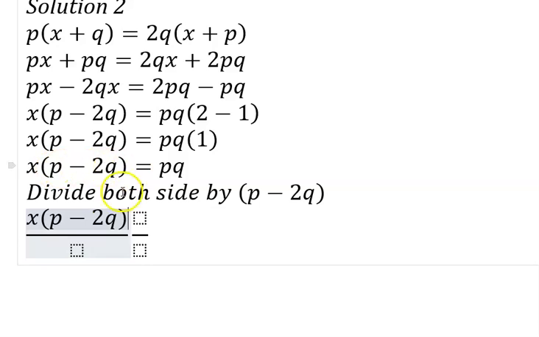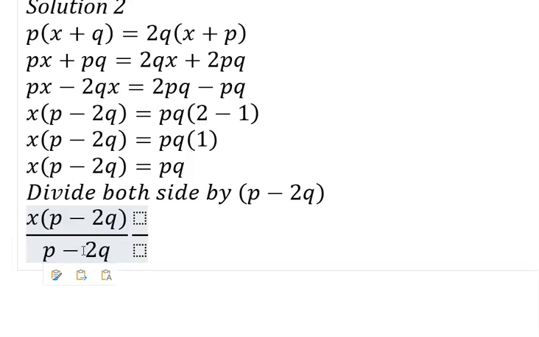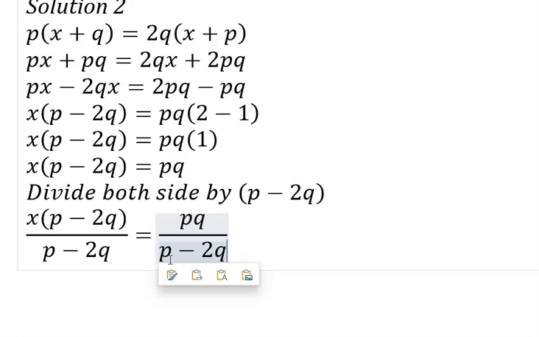X open bracket P minus 2Q. But don't forget, we're actually dividing both sides by P minus 2Q. So we have our equality sign. Then on the right hand side, we have our PQ. And we're dividing both sides by P minus 2Q.